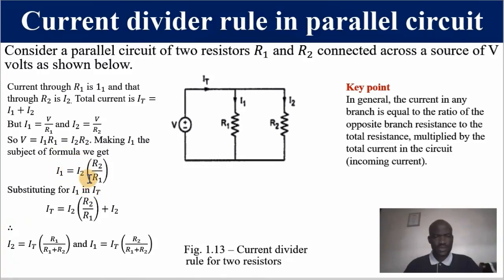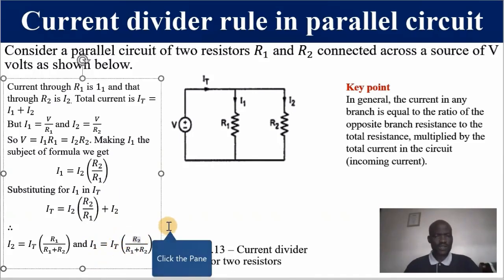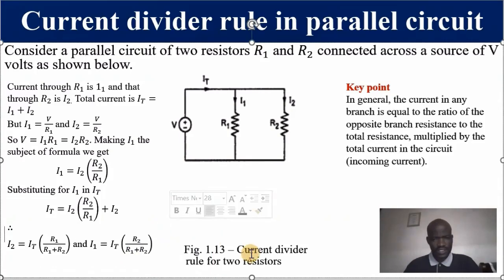If we substitute this in the equation, it becomes IT is equal to I1 plus I2. Therefore, we can safely say I2 is equal to IT times R1 divided by R1 plus R2. Or we can also say I1 is equal to the total current multiplied by the opposite resistor over the sum of the two resistors. This is the current divider rule, where two resistors are connected in parallel.